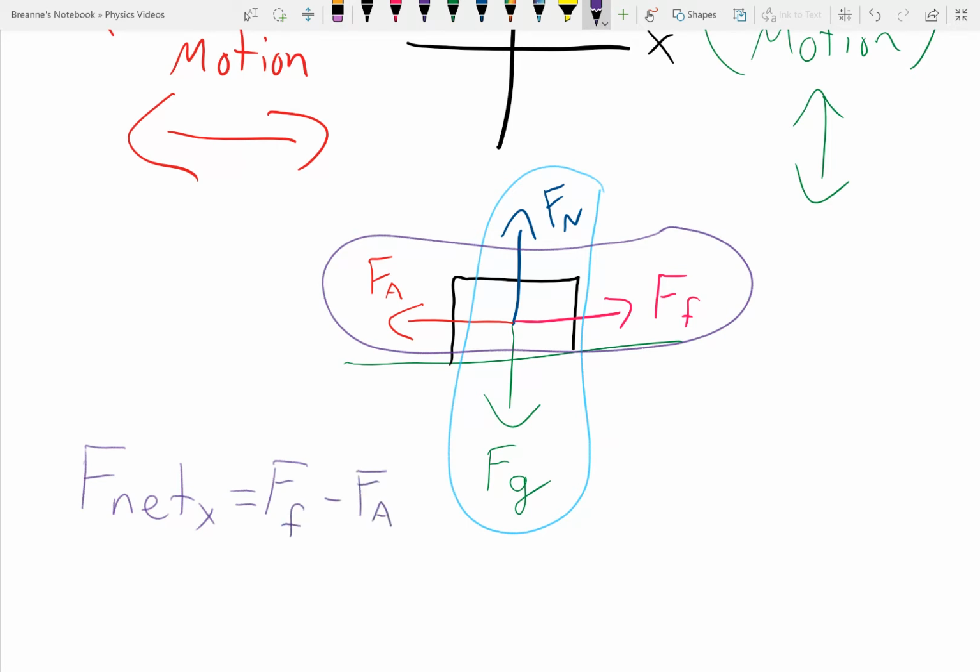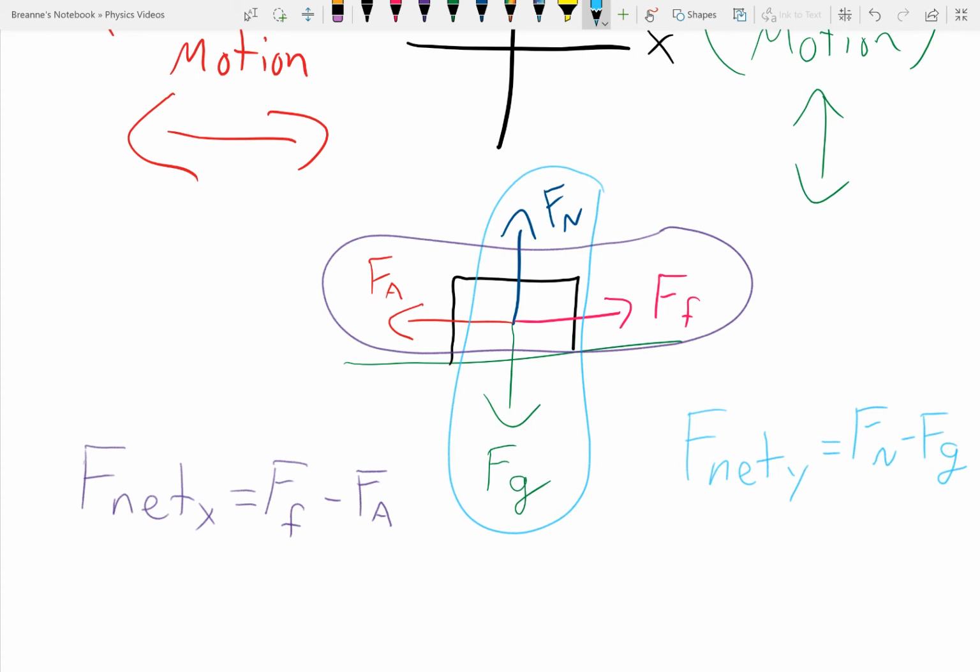Why do you subtract? Because they're going in opposite directions. And net force in the y direction would be your force of normal minus your force of gravity. So kind of think about that.